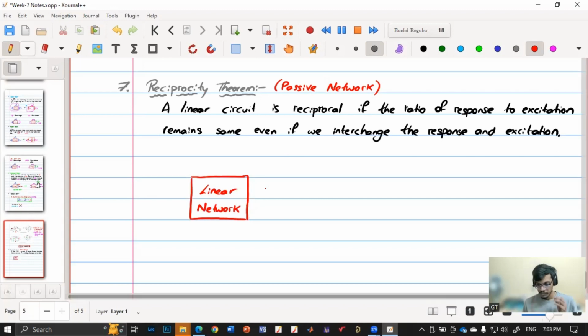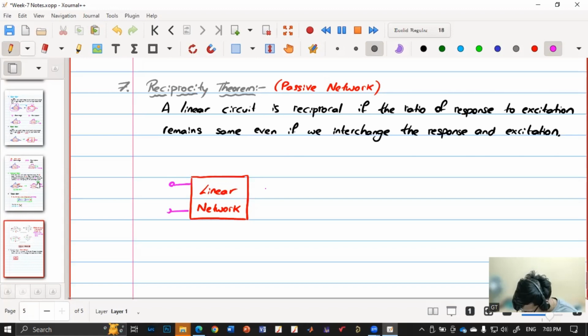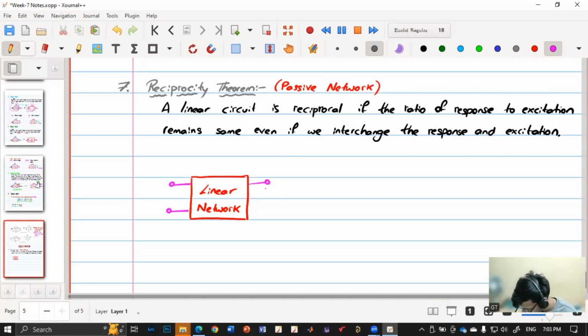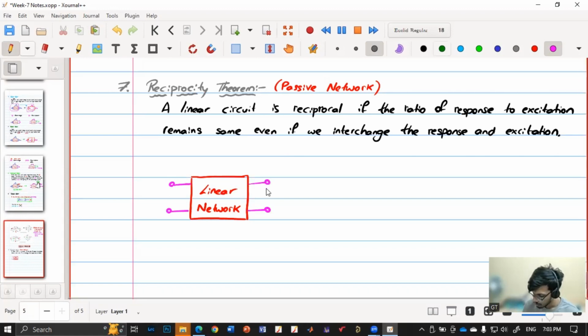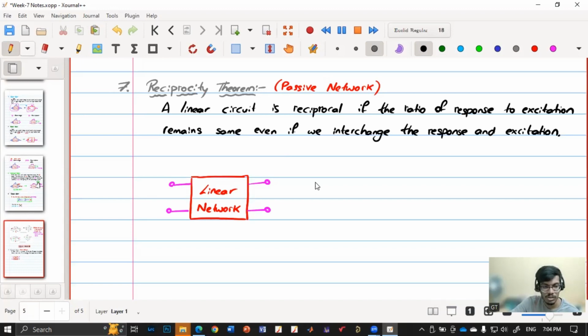On the input side we have two terminals, and on the output side we have two terminals. When we say response to excitation, we are exciting it with some voltage and getting the current on the other side.